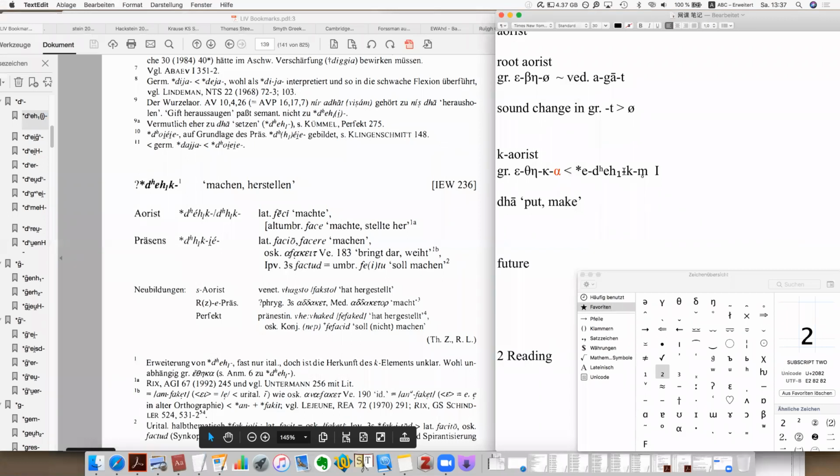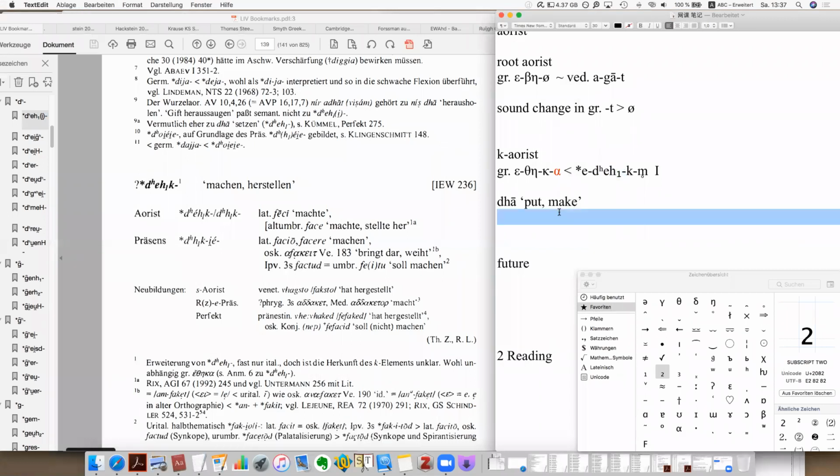This deich has a variant called deik, with this k element. And this k is actually, check here, Erweiterung von deich, so it is an extension from the deich.